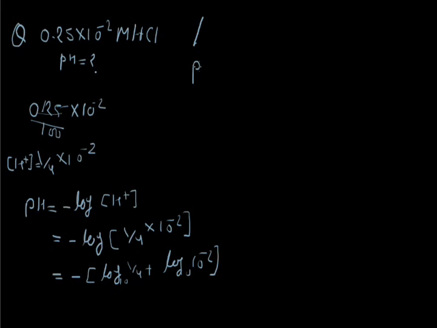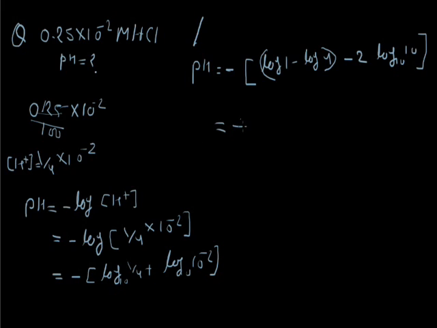So now we can write pH is equal to negative bracket log 1 minus log 4. This is opened by the formula of log m upon n, and the second one is opened by log m to the power n. Minus 2 comes here, plus minus becomes minus. So we can write minus 2 log base 10 10.